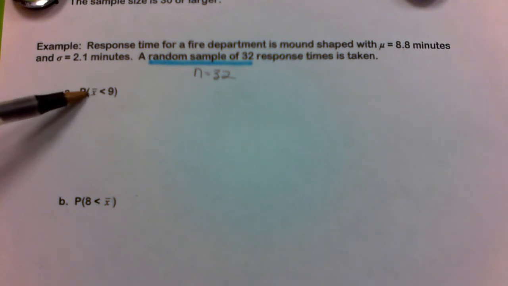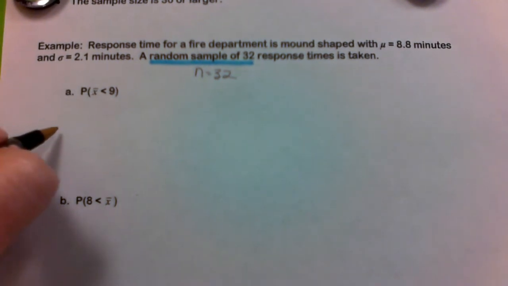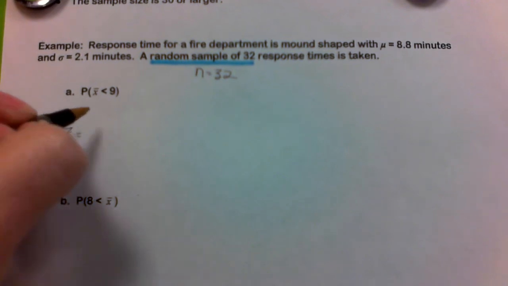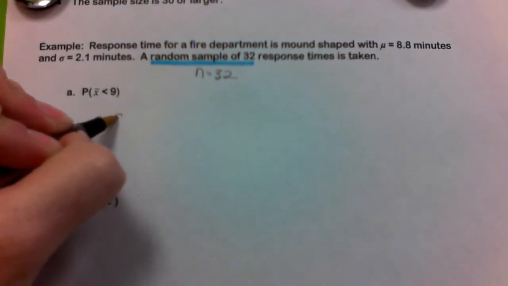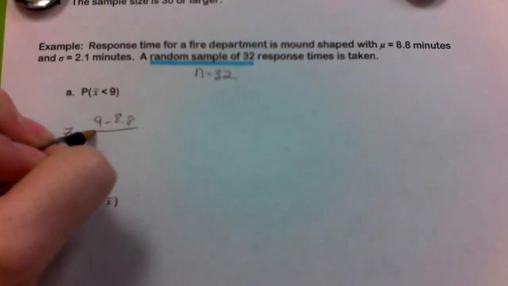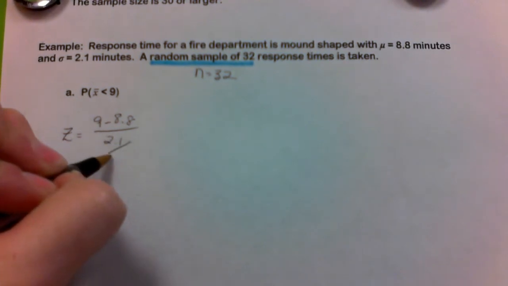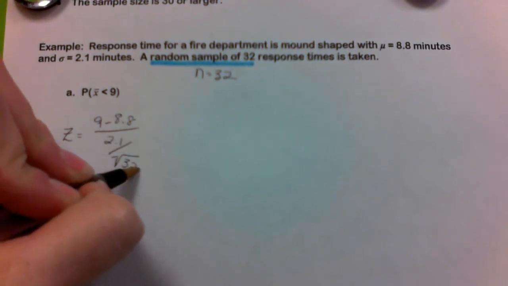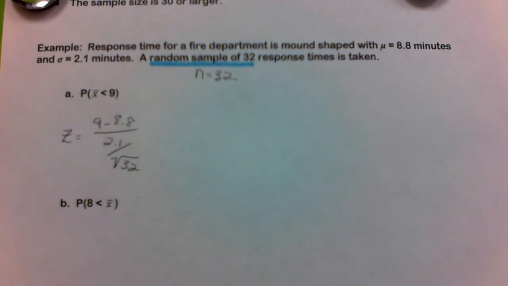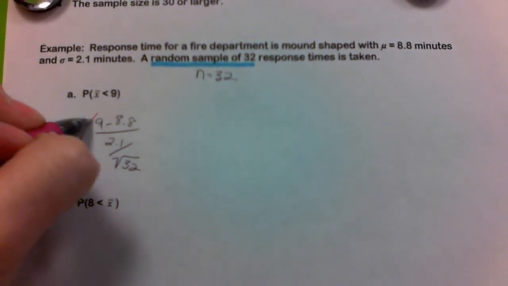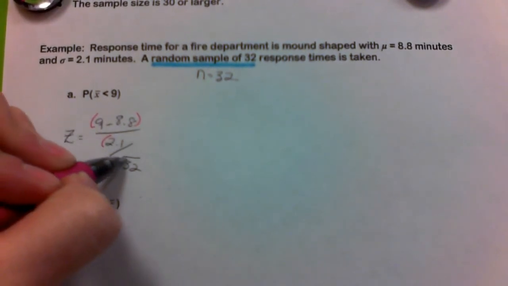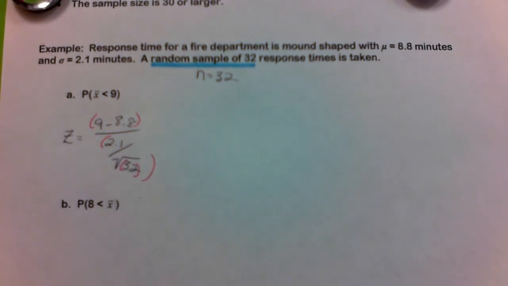All right, so it says, what is the probability that x bar, so this is a sampling distribution, so I know when I calculate z, I'm going to do x bar minus mu divided by sigma divided by the square root of n. And when you go to your calculator, just again, be sure you put the parentheses in the correct place.